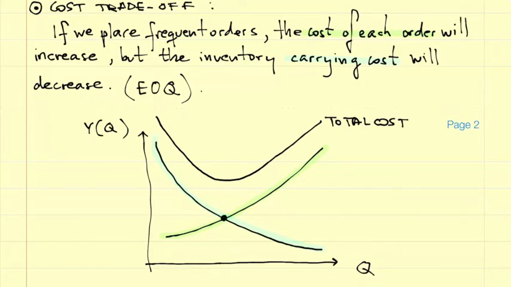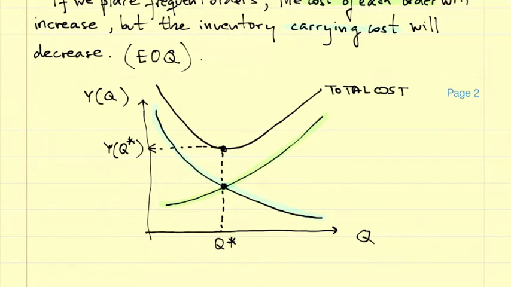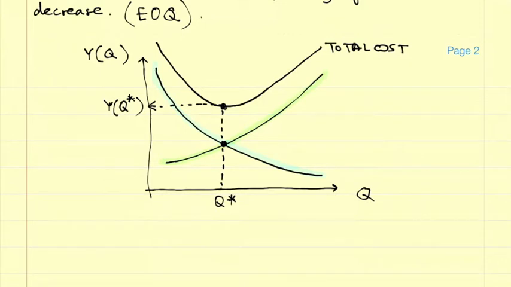The minimum is achieved where both curves cut. So we call this the optimal economic order quantity, Q star. We have done this before, and this is based on certain assumptions, and the assumption is that we have instant replenishment and stuff like that. We will see more models today about this. Okay.